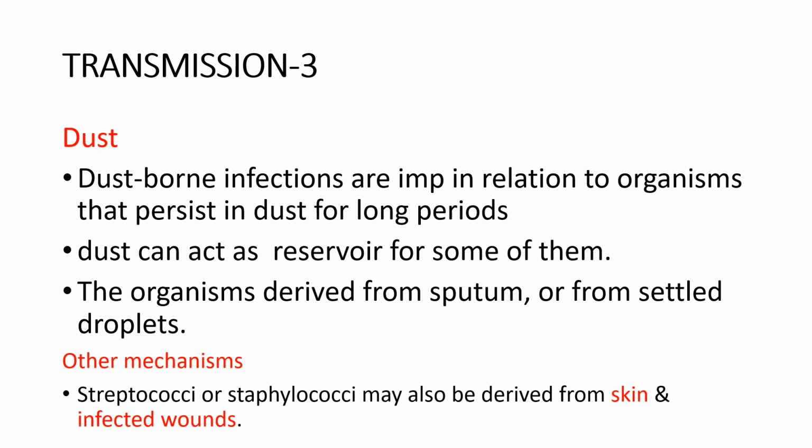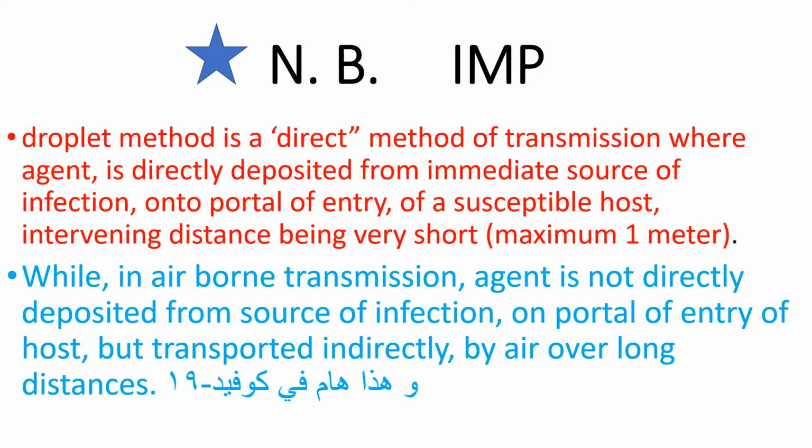Dust-borne infections are important in relation to organisms that persist in dust for long periods. Dust can act as a reservoir for some of them, the organism derived from sputum or from settled droplets. Other mechanisms which may be involved: streptococci or staphylococci may also be derived from skin and infected wounds.